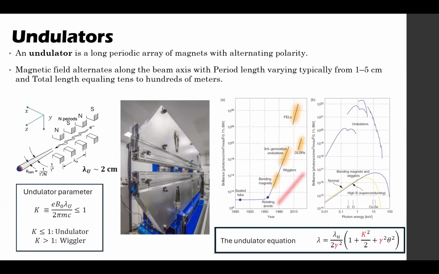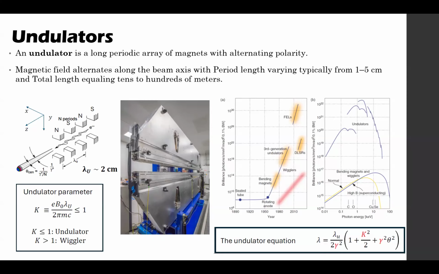This radiation interferes over long periods, and when it interferes constructively, it emits radiation at wavelengths given by the undulator equation: lambda = (lambda_u / 2 gamma squared) times (1 + K squared / 2 + gamma squared theta squared), where lambda_u is the period length of your undulator, K is your undulator parameter, which is basically the magnetic strength, gamma is the Lorentz factor, and theta is your off-axis observation angle.